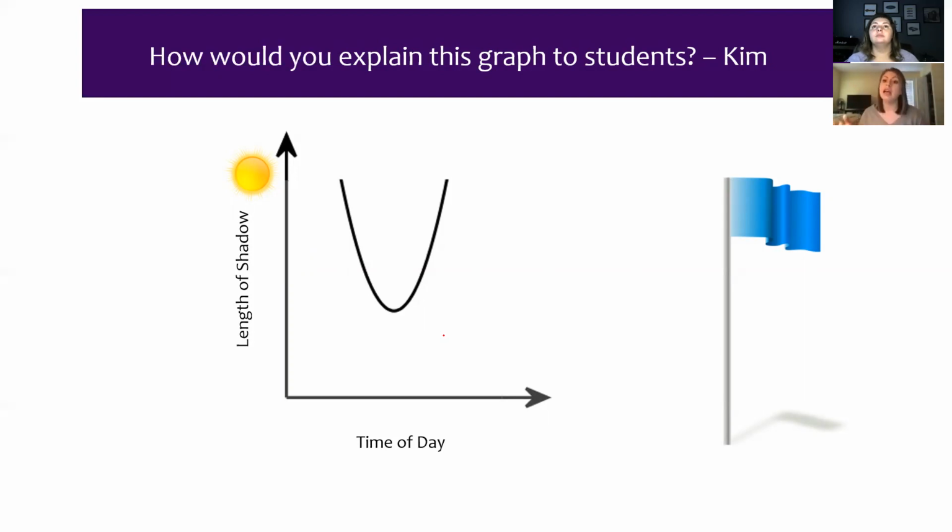Once it rises, the shadow is longer, and the closer it gets to that object, the smaller the shadow. Once it's directly over the object, you typically don't have a shadow, and once it passes, you have a shadow again. The closer it gets, the shorter; the further away, the longer the length. That's a good example.